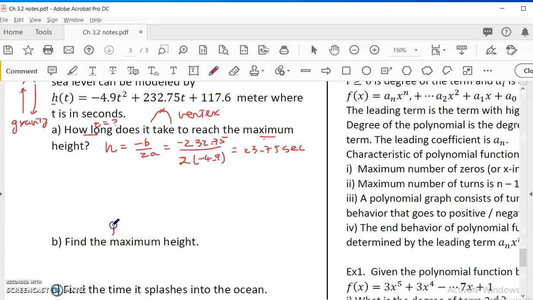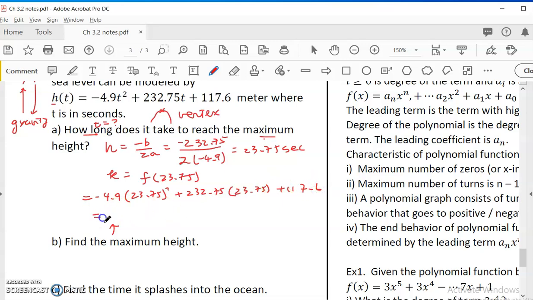And what is the maximum height? Maximum height is the k, the y that we have. K is the maximum height equal to f of 23.75. So basically plug it in. So that is equal to negative 4.9 times 23.75 squared plus 232.75 times 23.75 plus 117.6.